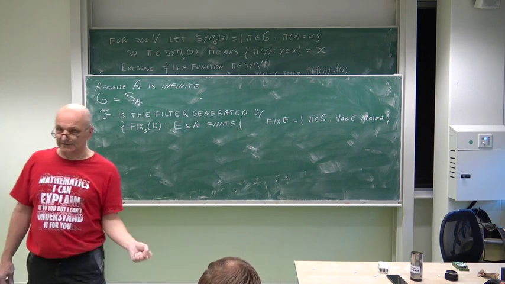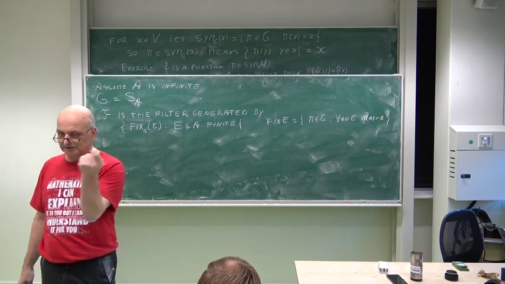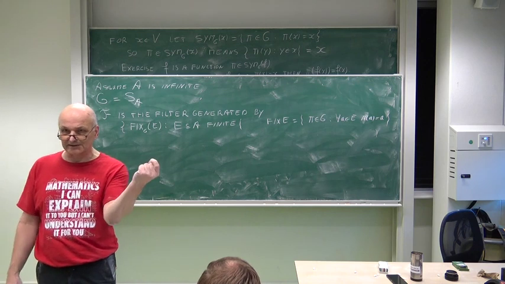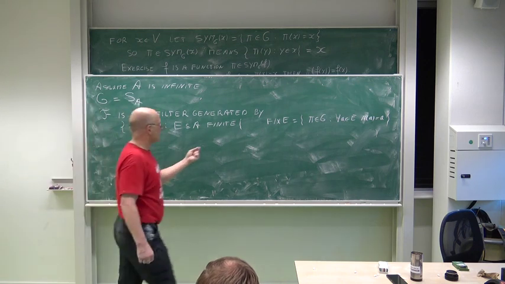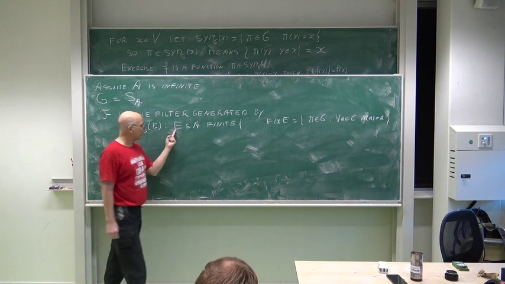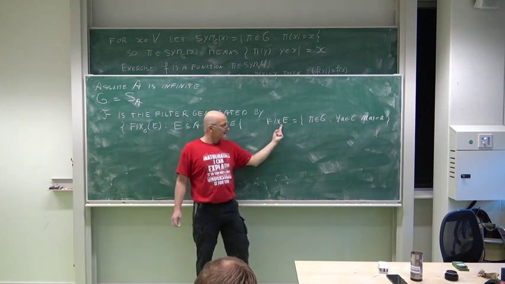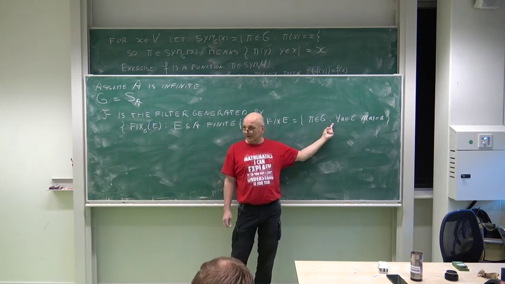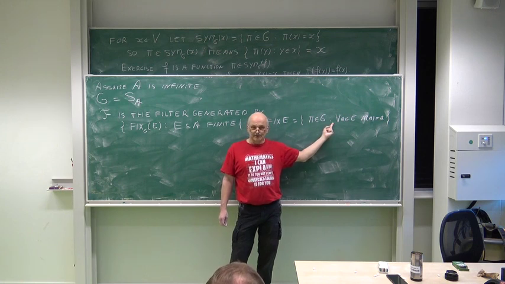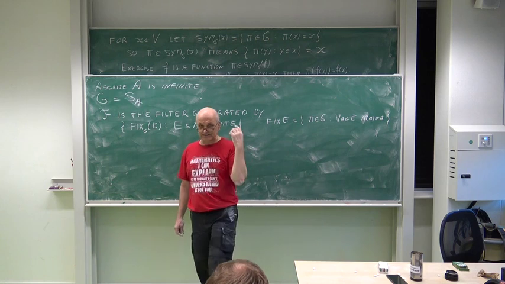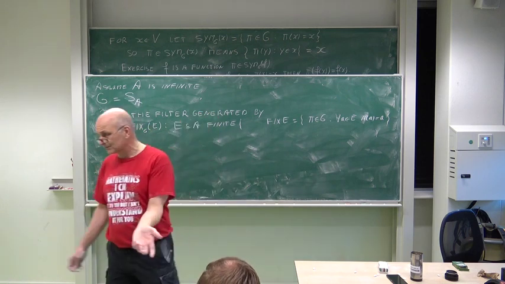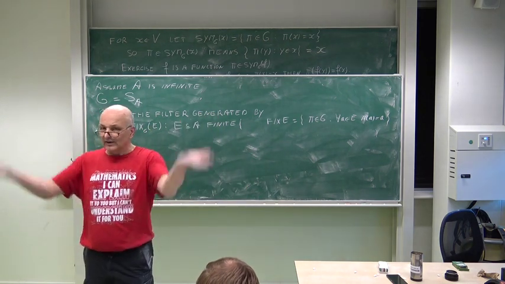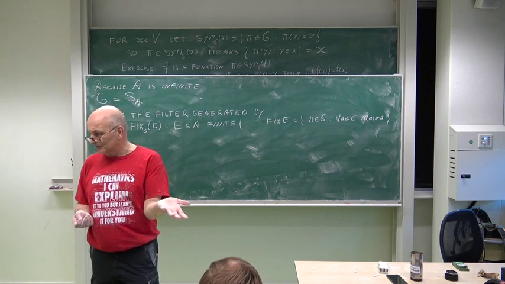Remember, we had to have a filter and we had to have all those stabilizers of the 1-point sets in them. Well, if I take a finite set, then this is just the intersection of the stabilizers of the individual points. So I have the stabilizers, I take their finite intersections, and then I take only the subgroups that are bigger than some of those.